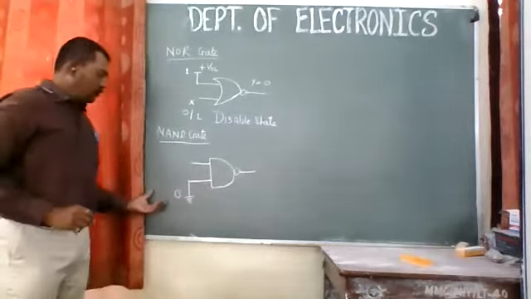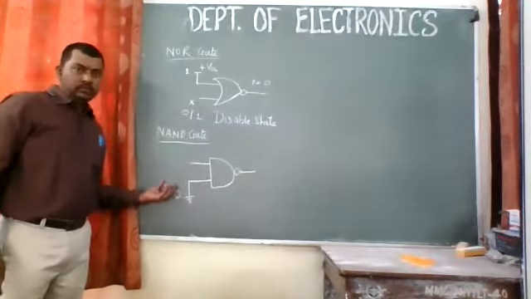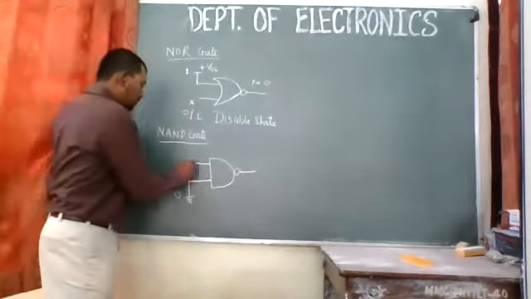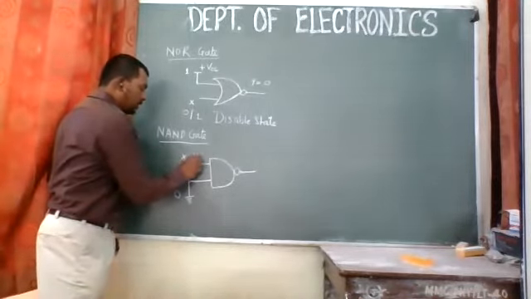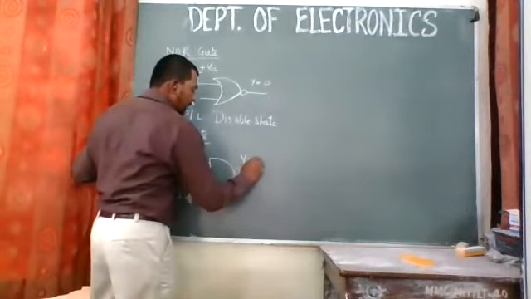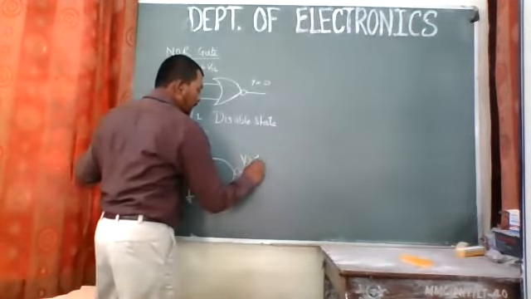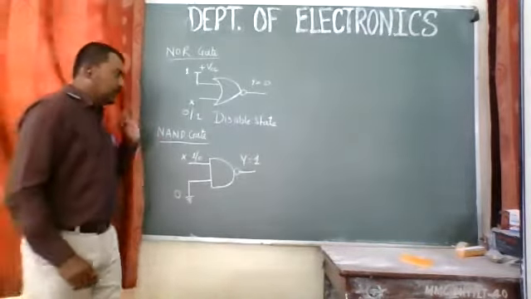If you connect one input of a NAND gate to 0 or ground, then whether the other input is 1 or 0 doesn't make a difference. The output of this NAND gate will remain high, and therefore it is called the enable condition.